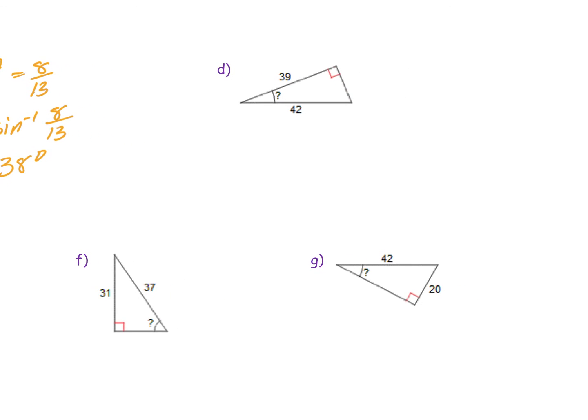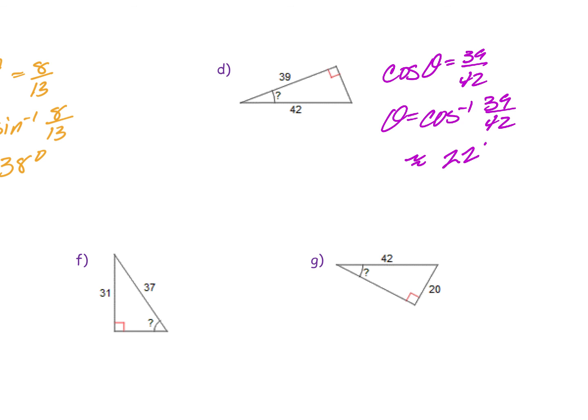D is cosine. Cosine of theta is going to be 39 over 42. So theta is going to be cosine inverse of 39 divided by 42, which is approximately equal to 22 degrees.